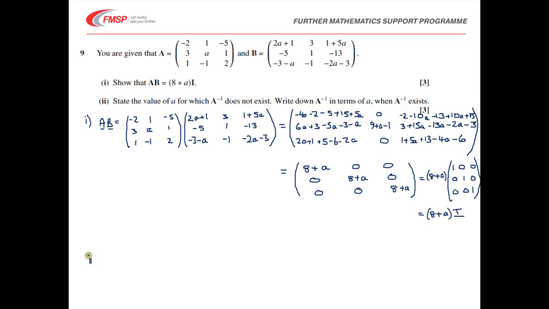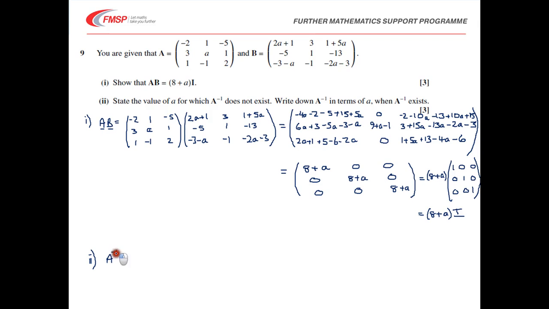Now then, that means that B is more or less the inverse of A. We're going to be able to find the inverse of A just by dividing B by 8 plus a. And that means that the inverse won't exist when 8 plus a is 0.